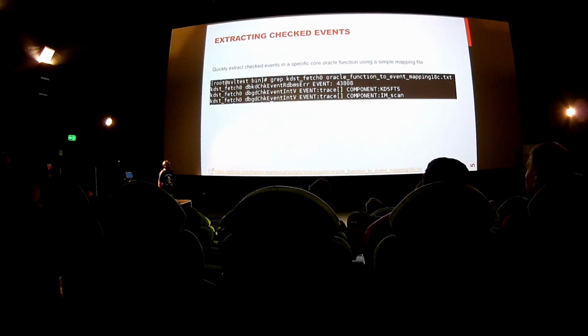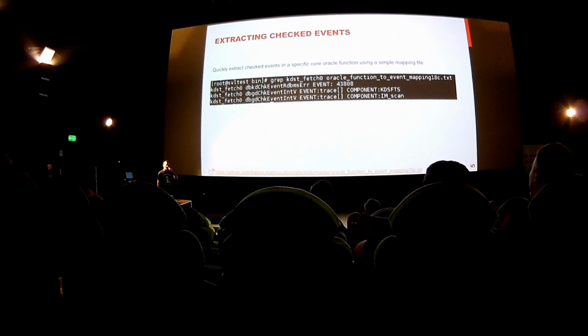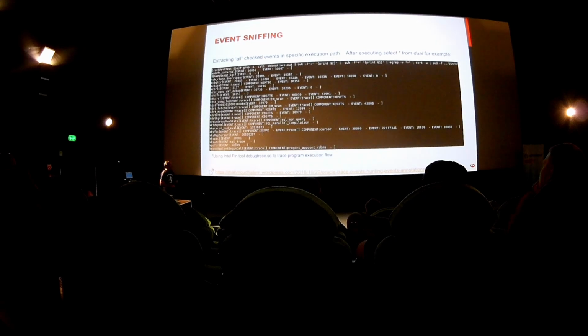So basically, using the event mapping file, we can quickly and simply extract checked events in any kernel function. So this can be very useful for internal research. We can also decide to extend this and build an event sniffer to display all the events checked in a specific execution path.